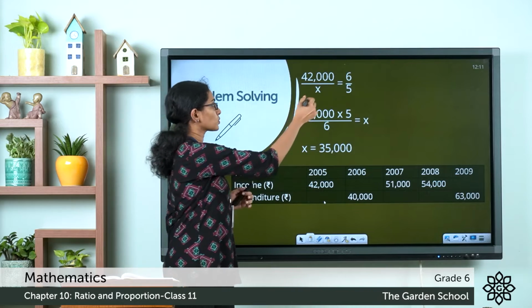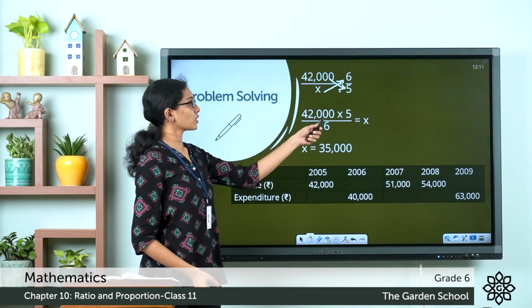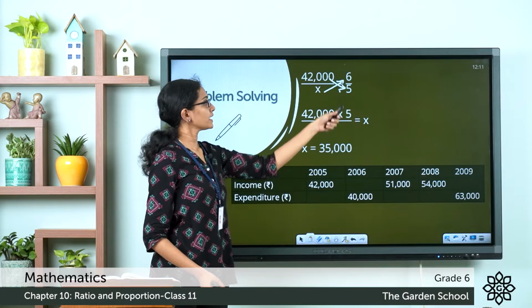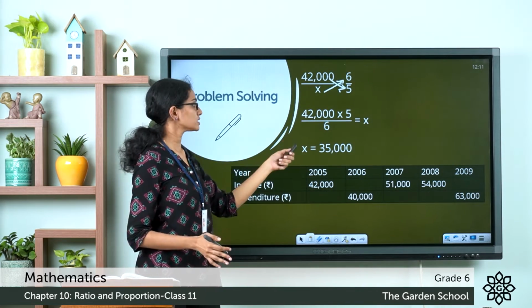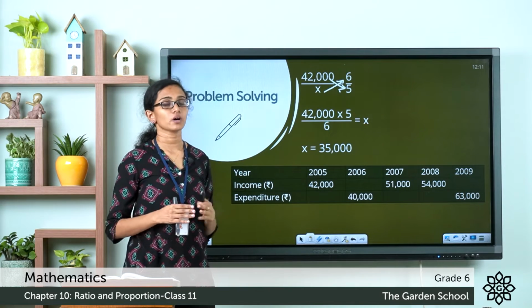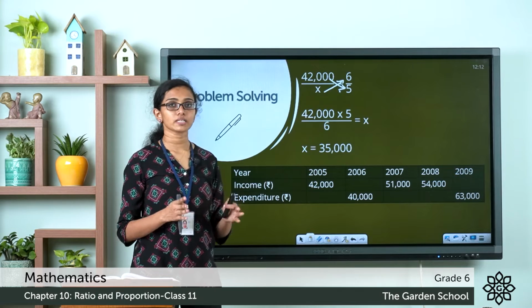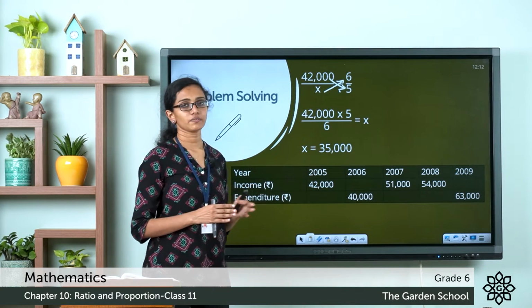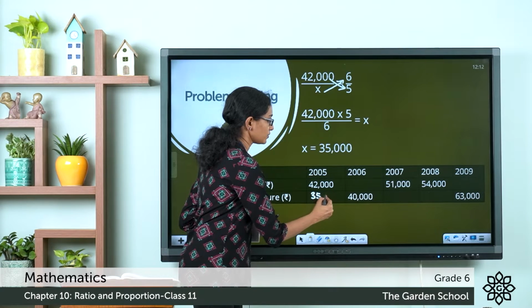Now after cross multiplying, we get 42,000 into 5 by 6 is equal to X. When you simplify this, you get X is equal to 35,000. So the monthly expenditure for the year 2005 is equal to rupees 35,000. So in the table, here you can write 35,000.